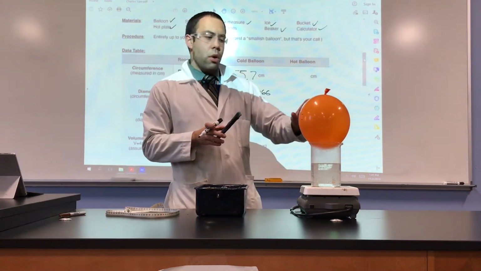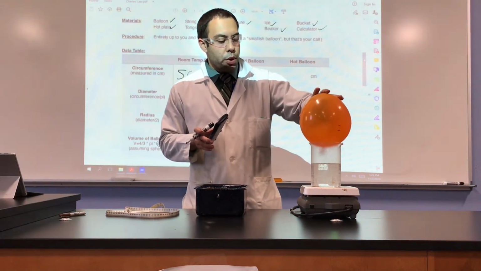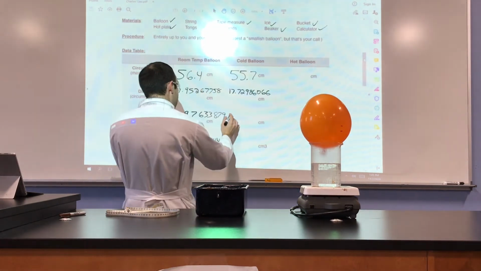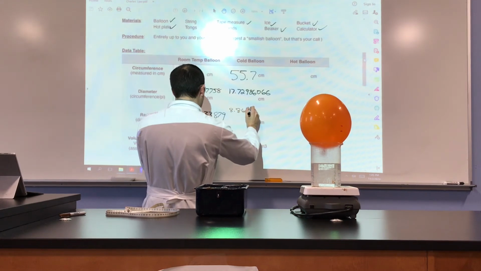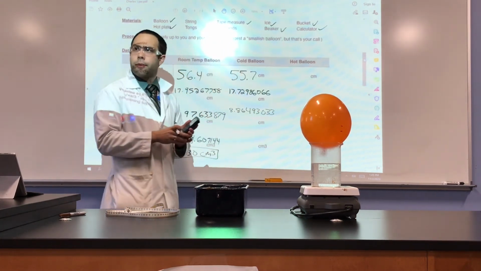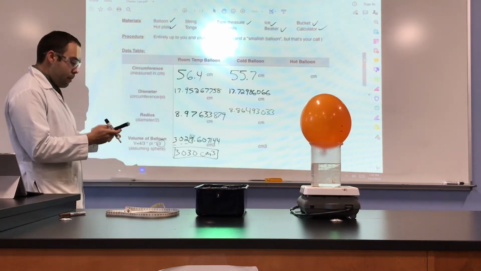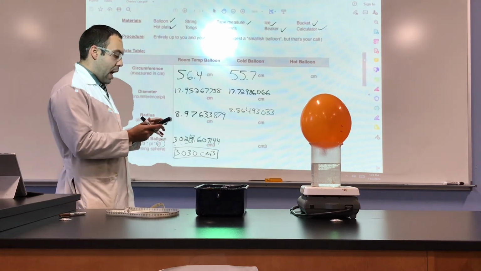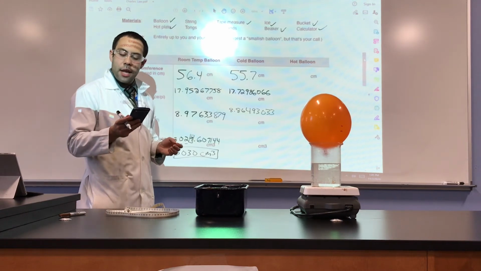Before we go any further, let's rotate the balloon. Doing a little bit better this time rotating the balloon, that's okay. We have 8.86493033 centimeters. And then the tricky one, raise it to the third power. I get 696.6681891.